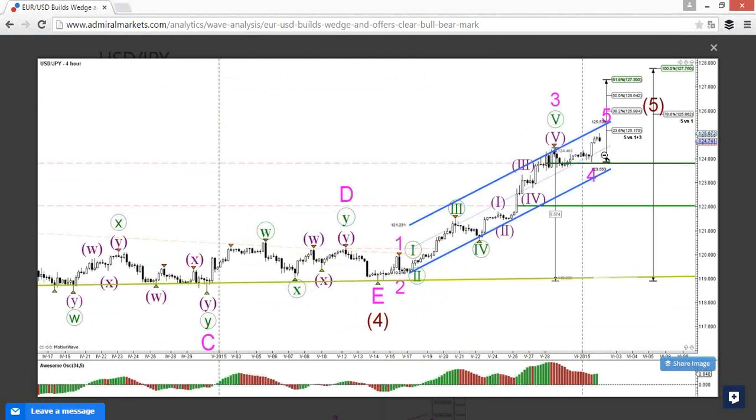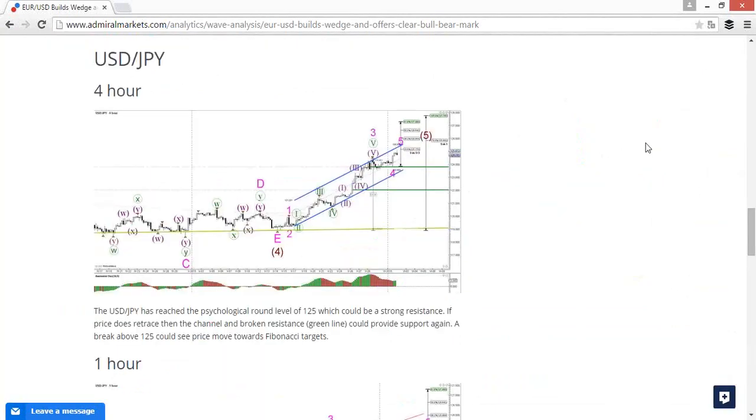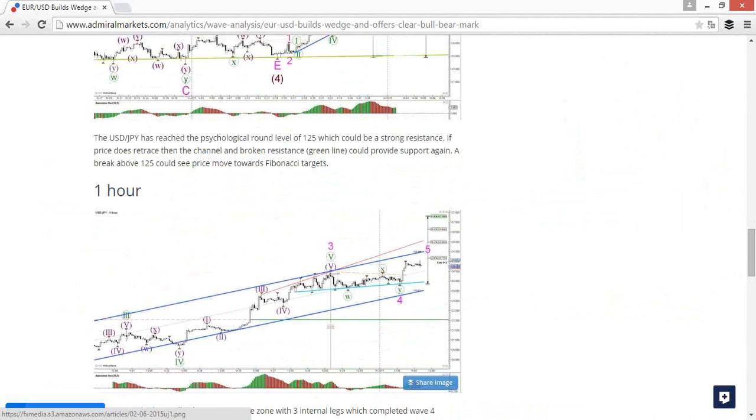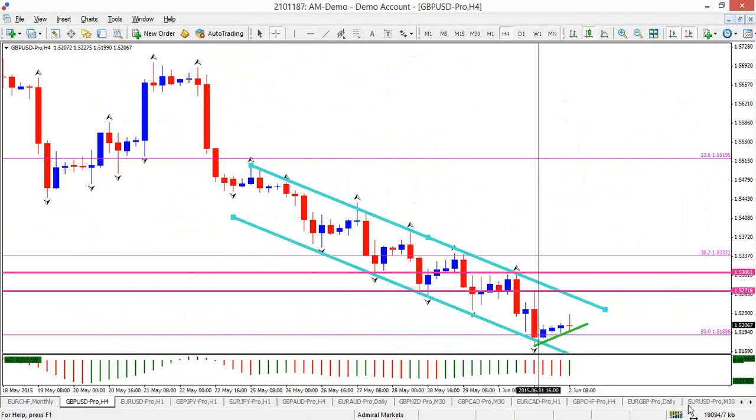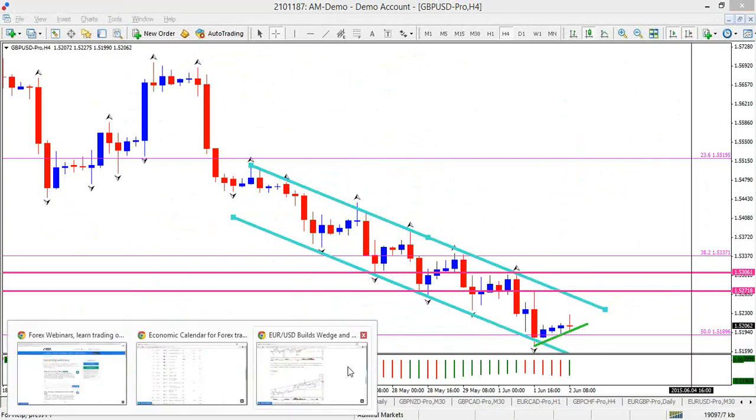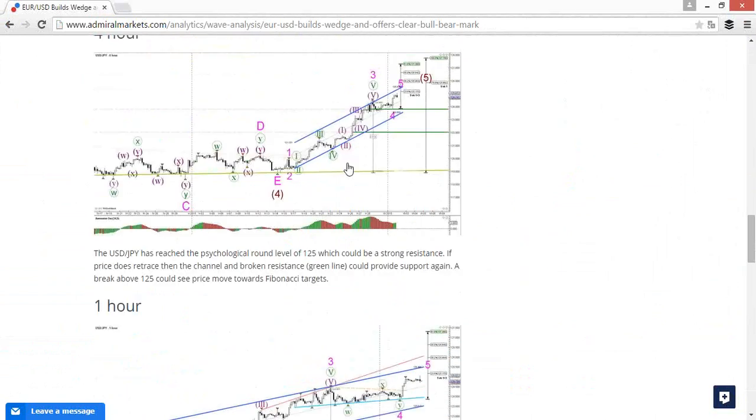Dollar yen in this channel to the upside, but reaching 125 resistance. So let's take a look. We see basically bullish wave counts. You see those numbers 1, 2, 3, 4, 5, 1, 2, 3, 4, 5. We're in a bullish trend.